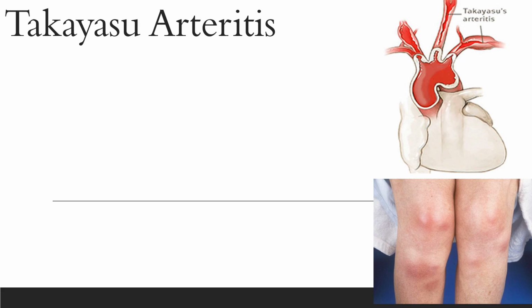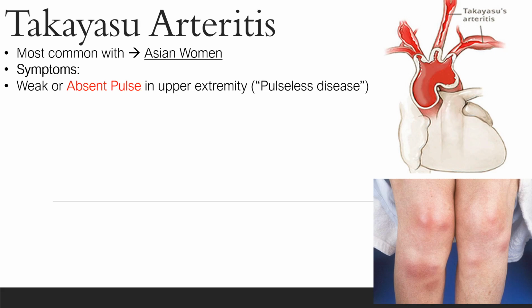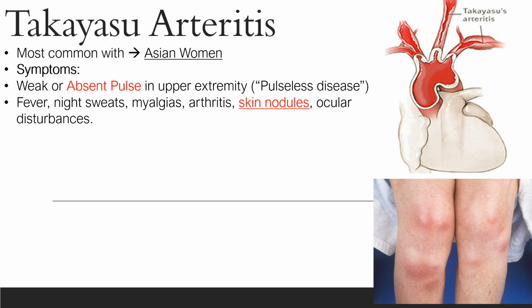This one is known as the pulseless disease because there's a weak or absent pulse in the upper extremity. This is common in adults, usually Asian women who are younger than 50, not too old. You'll see a weak or absent pulse, specifically in the upper extremity sometimes, and mostly non-specific symptoms.